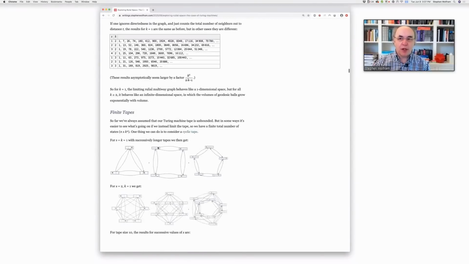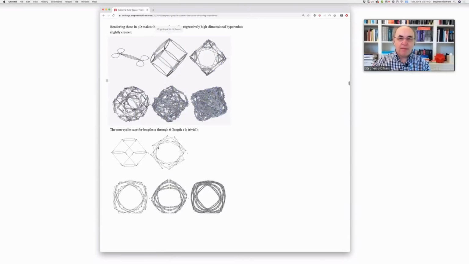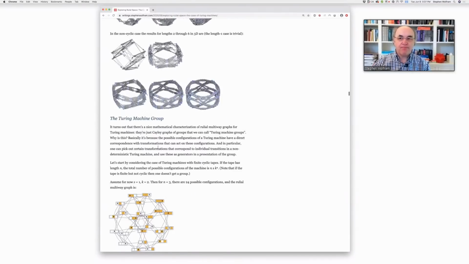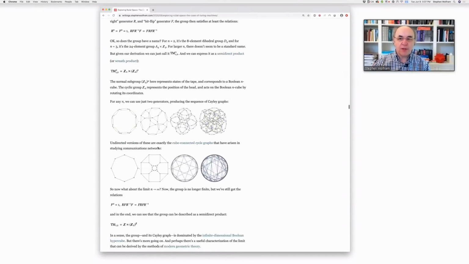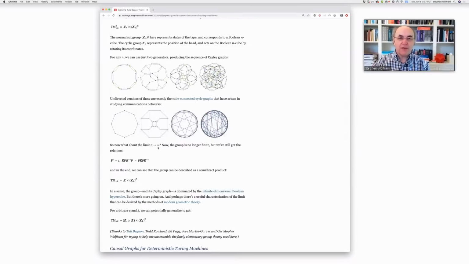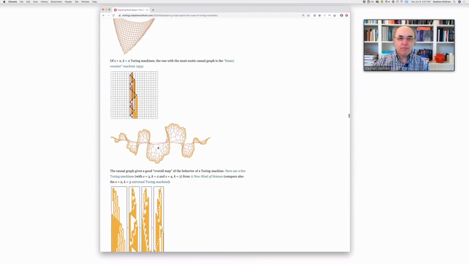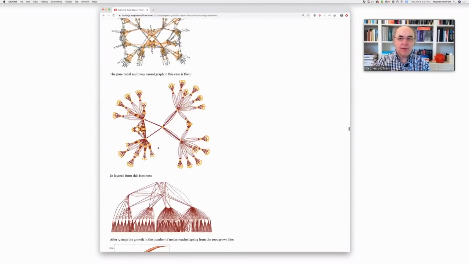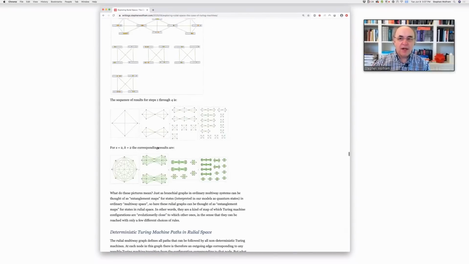Kind of the group structure of Turing machines. I've been struggling getting this group theory right, and I'm not sure it's all completely correct yet. That's another feature of these bulletins: they are subject to updating. Coming on down here, some fun stuff.